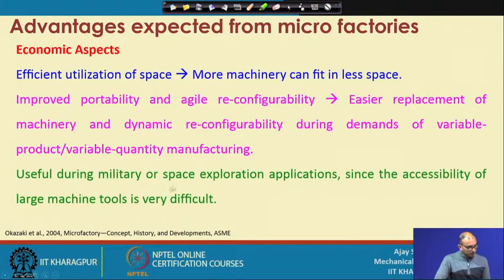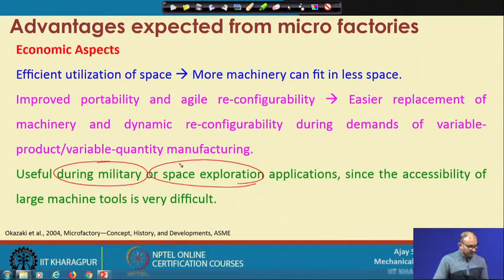Right. So, it is useful during military or space exploration applications, since the accessibility of a large machine tool is very difficult. This example is very important here, because these are two locations where size and volume matter. Suppose there is some military operation going on, and some machine weapons are damaged because of an attack.